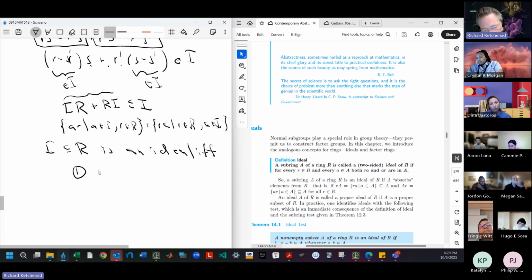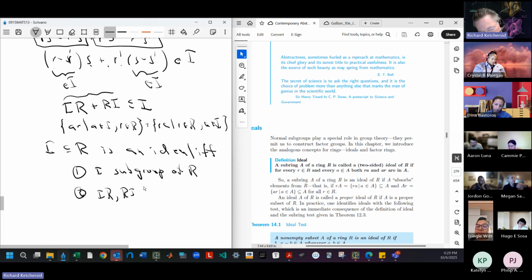So we need I to be a subgroup. The additive part needs to be a subgroup of R. And two, we need that IR and RI is contained in I, sorry, not R. Right, so we need that.